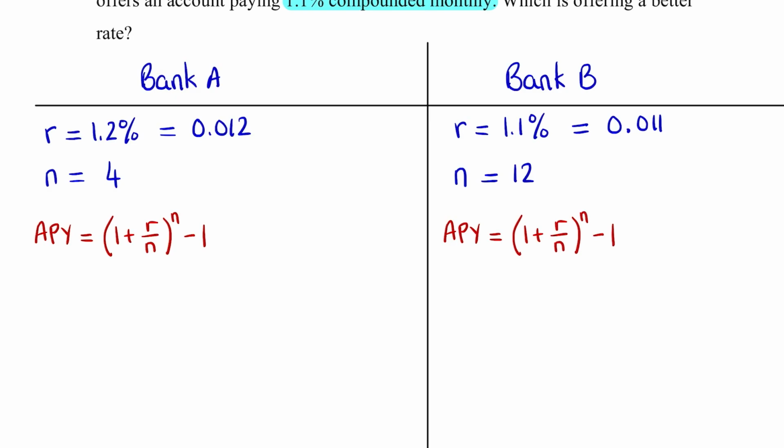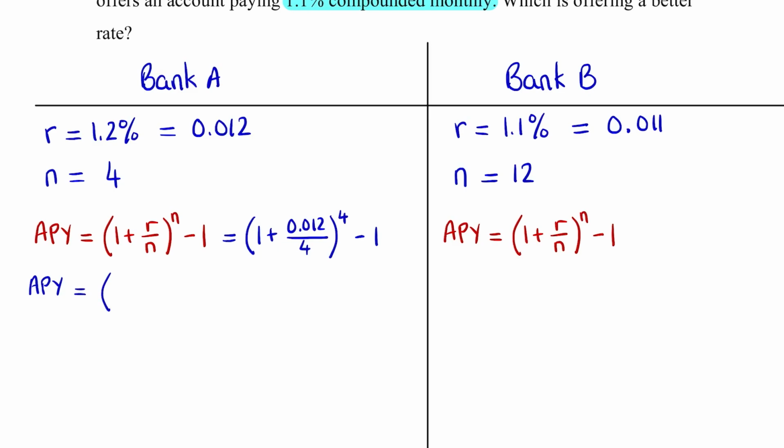For Bank A, I'll substitute R with 0.012, N with 4. 1 plus 0.012 over 4, raised to the 4, minus 1. 0.012 divided by 4 is 0.003.